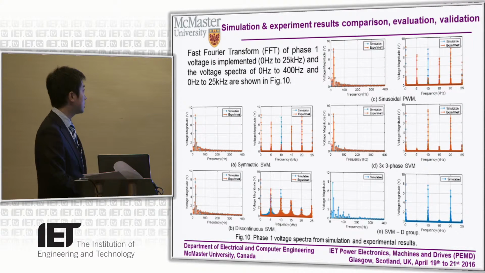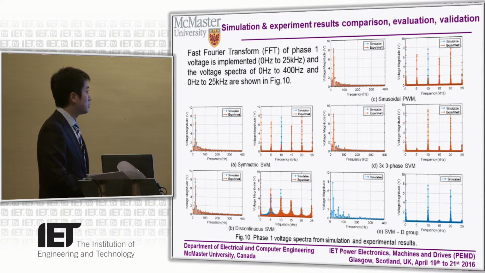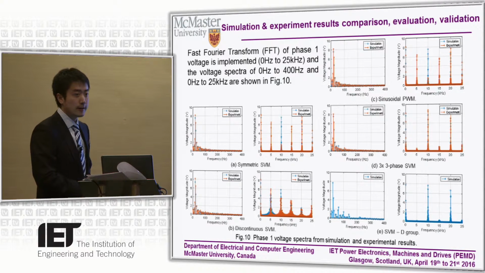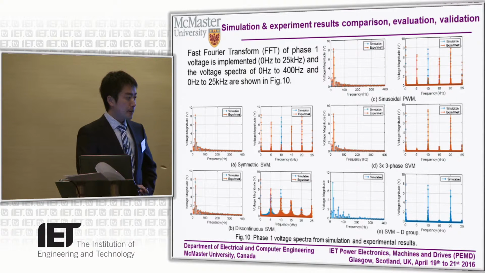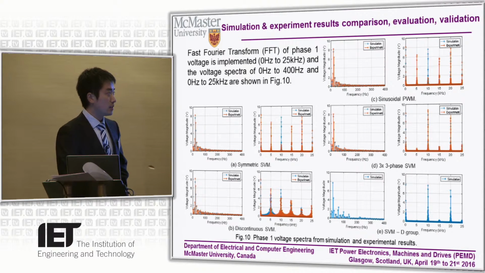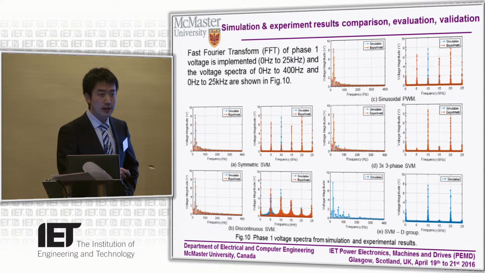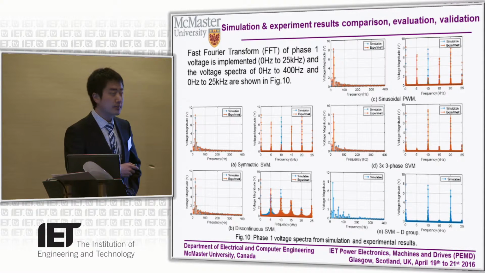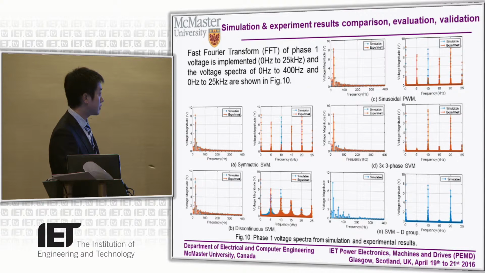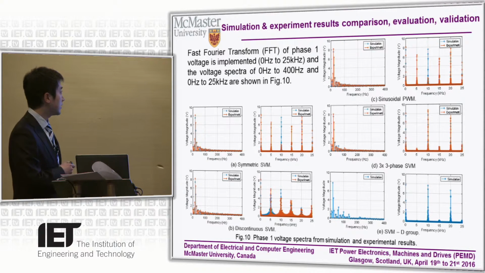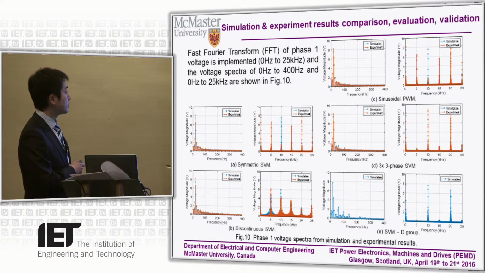The high frequency range from 0 Hz to 25 kilohertz is to investigate the frequencies at the switching frequency, integer multiples of the switching frequency, or frequencies higher than the switching frequency. And we also investigate the lower frequency range of the voltage spectra of the phase voltage.